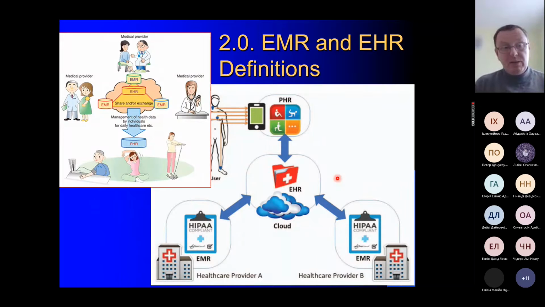When we deal with medical records in electronic format, we have to deal with three sorts of them: EMR, EHR, and PHR. In fact, EMR is the electronic medical record, which is created for a specific patient within a specific medical facility, like a healthcare provider, a hospital, or a family doctor.